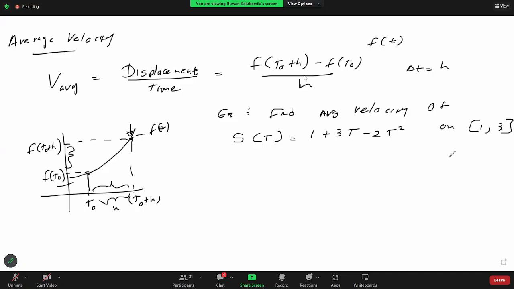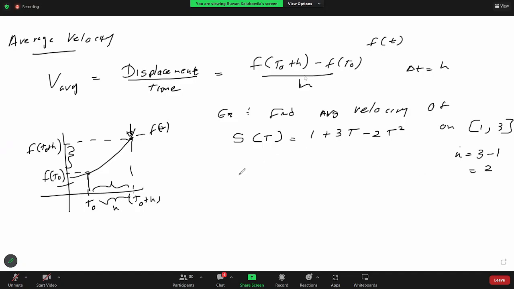So what is the time difference? You can write down the h value for this. That is equal to 3 minus 1. The difference is 2.